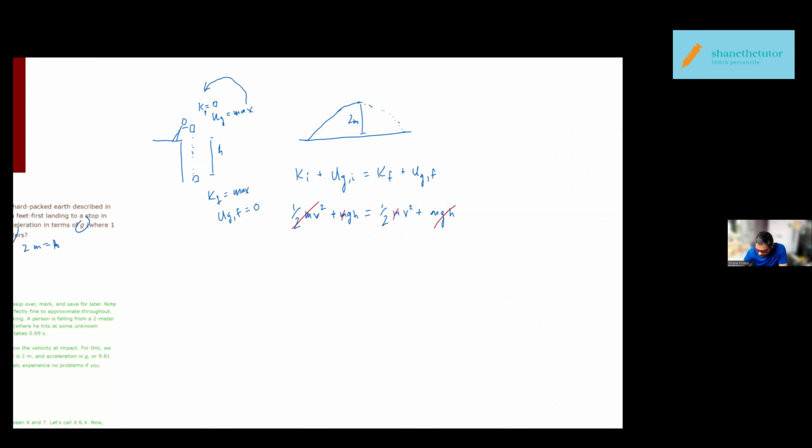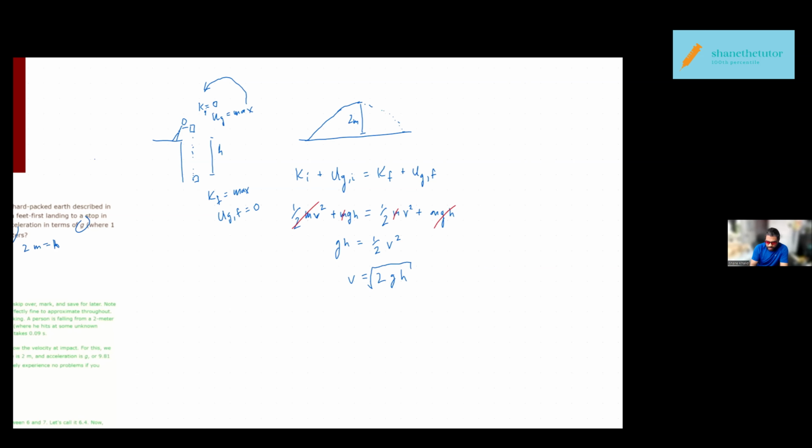So then you'll be getting gh is equal to 1/2 v squared. And now let's just solve for v. v is equal to the square root of 2 times gh. Now, this is a very, very useful formula for any type of projectile problem like this, in which you have a complete conversion of potential energy into kinetic energy.